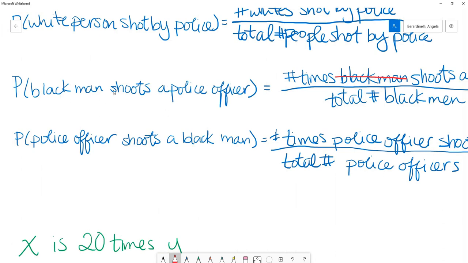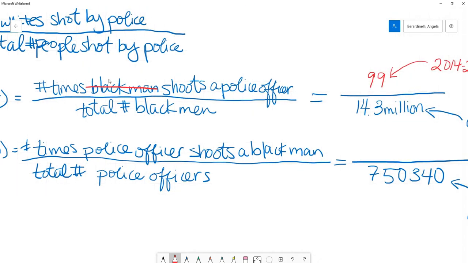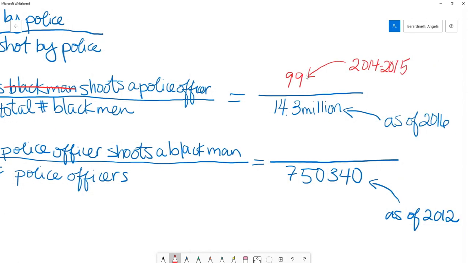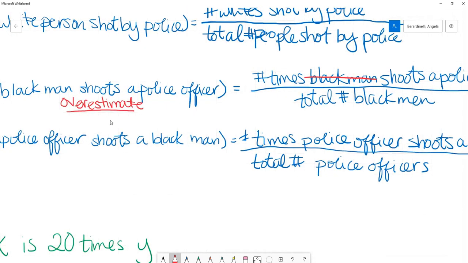This is probably a higher probability than we want, unless every single police officer that was shot and killed in the line of duty was shot by a black man. But that's doubtful, so this is going to be an overestimate, and this is a huge number in the denominator. So this probability is going to be really, really tiny, and it's going to be an overestimate.